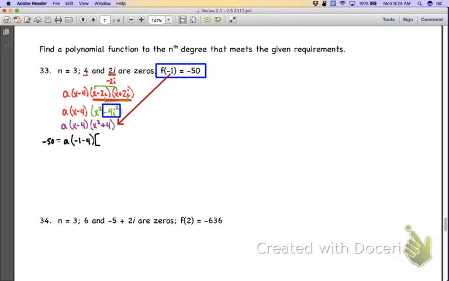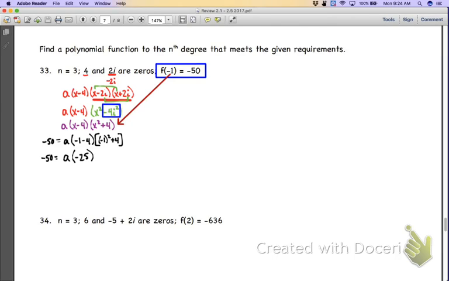Then in this one I'm going to have -1 squared plus 4. So I'm going to have -5 and a positive 5, right? So I'm going to have a times -25 is equal to -50.